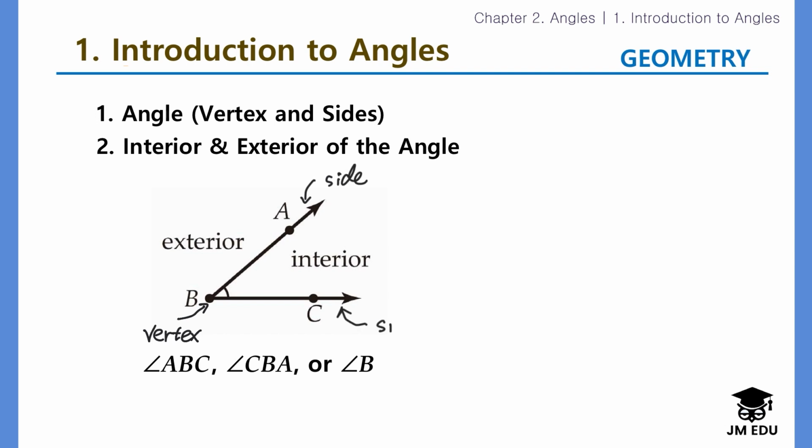So this is the side of the angle, and we have the angle right here. We can write an angle in three different ways: either angle ABC, or angle CBA, or just angle B.